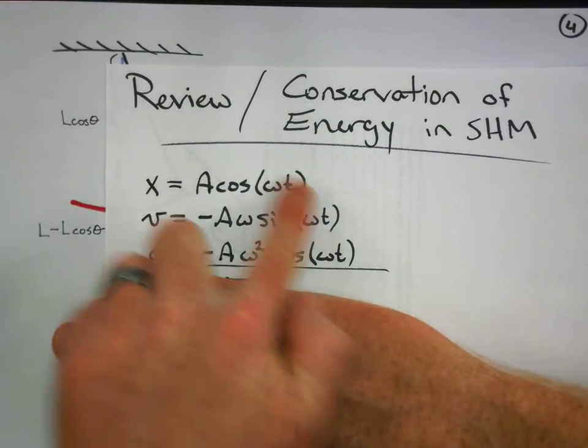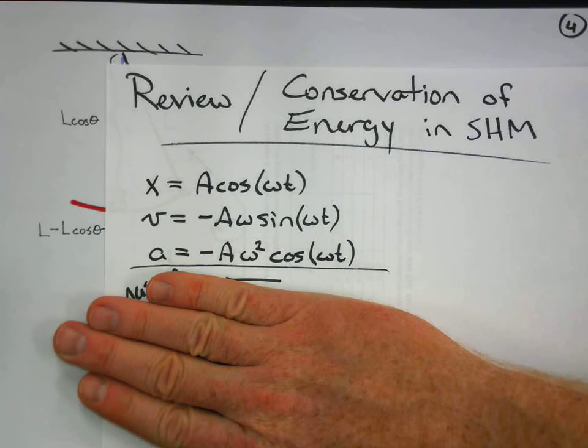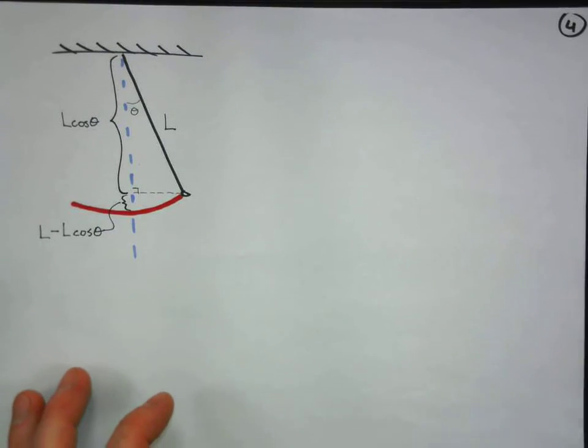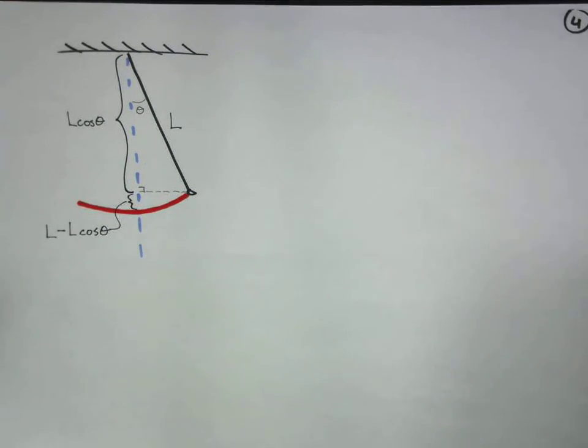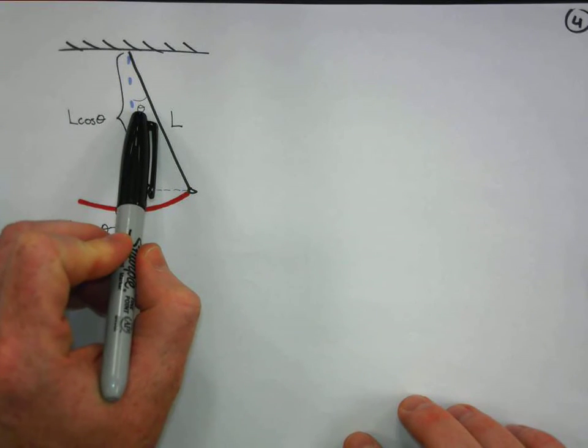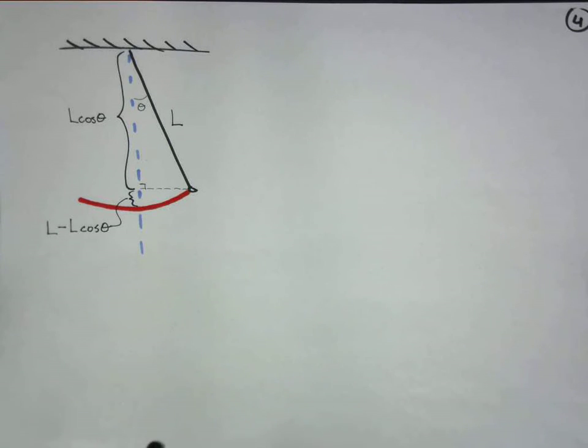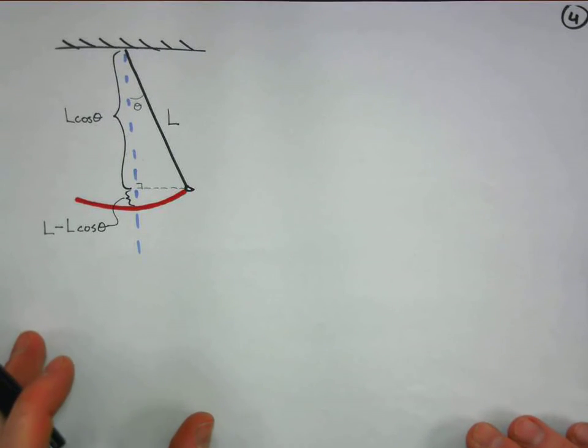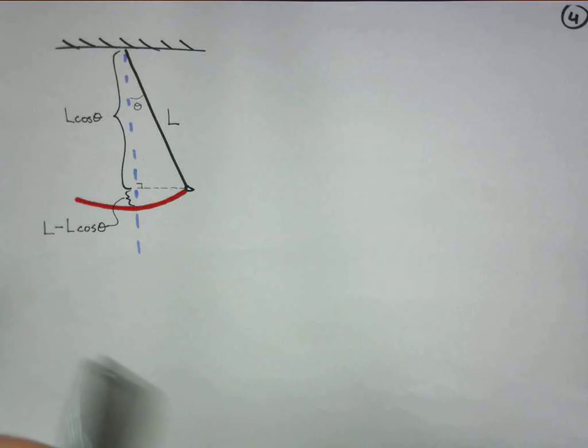These guys right here, they work for a pendulum as well, absolutely, within one certain constraint, and that constraint has to do with the angle. That angle, theta, has to be on the smallish side. You want it less than about 22.5 degrees, or if you like radians, less than about 1/8 pi radians.